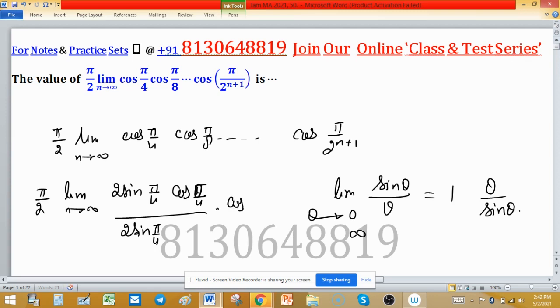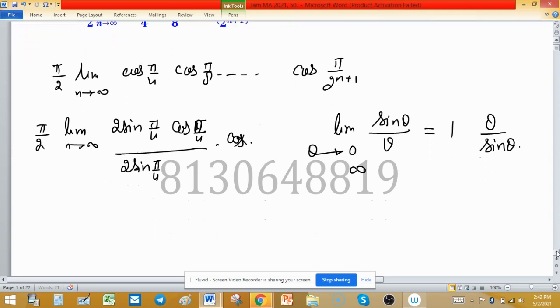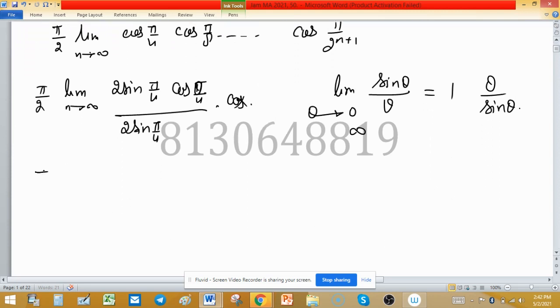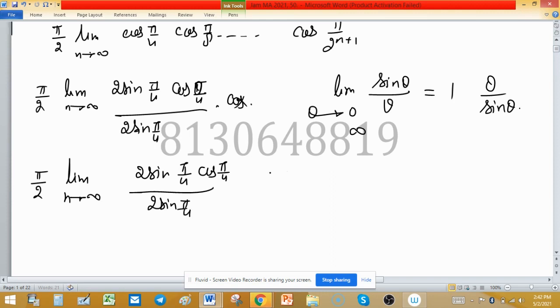Second term will be, I write from the starting point. n tends to infinity 2 sine pi upon 4 cos pi upon 4 and need to divide by 2 sine pi upon 4.